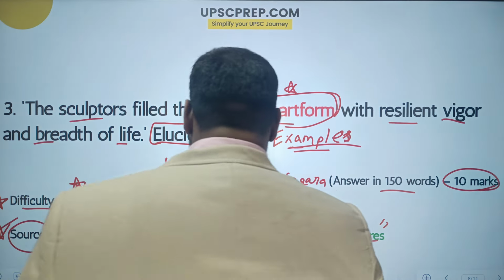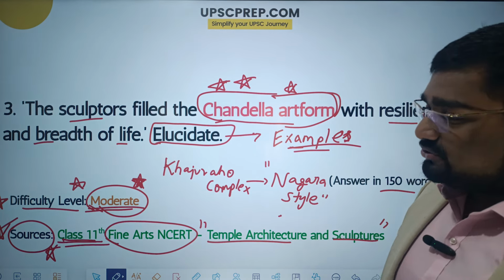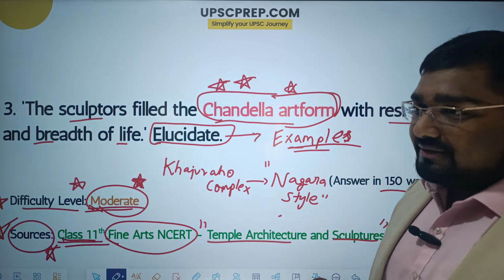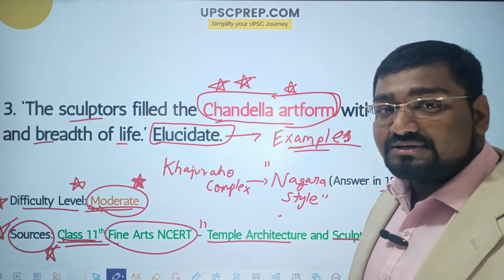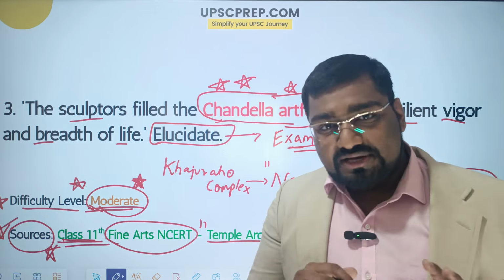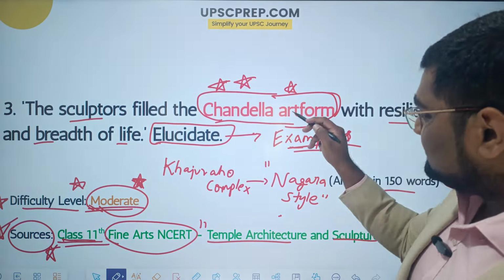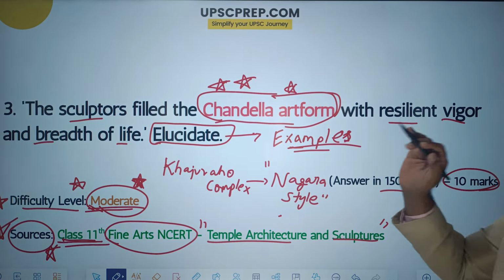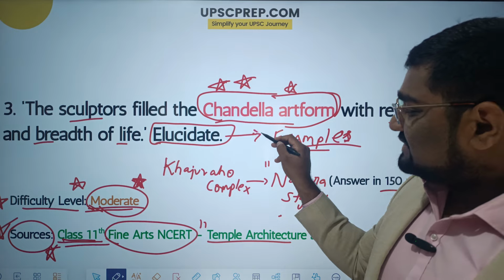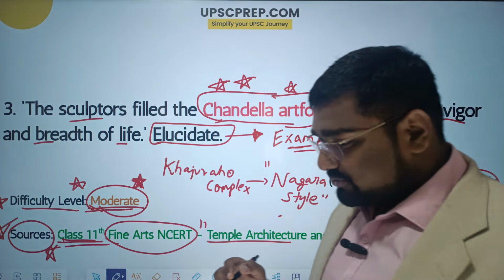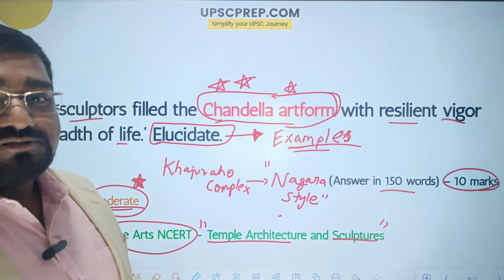Now, suppose guys, such a question is asked in the examination where you do not know any details specifically about the Chandelas. So there is also a trick to solve such questions. Read the question once again. The sculptors filled the Chandela art form with resilient vigor and breadth of life, right? And elucidate. Yes, definitely, majority of the students writing the mains might not be aware of the examples of Chandelas.